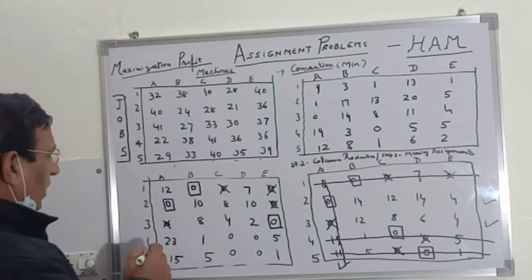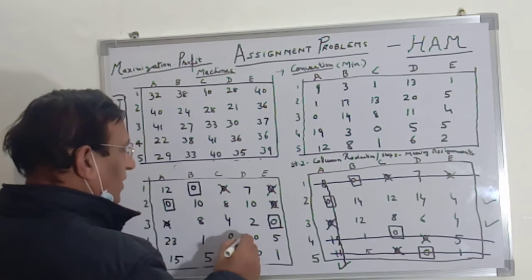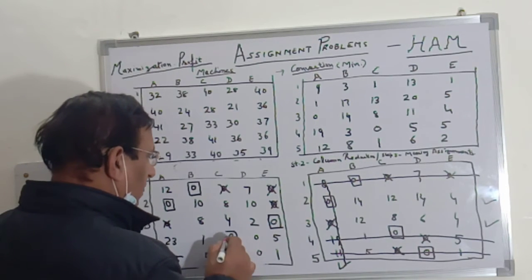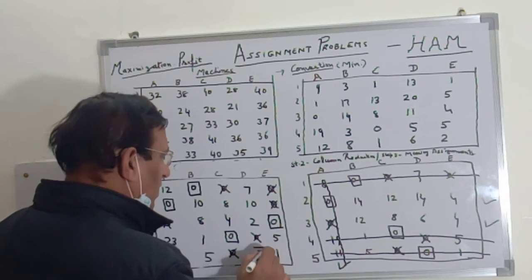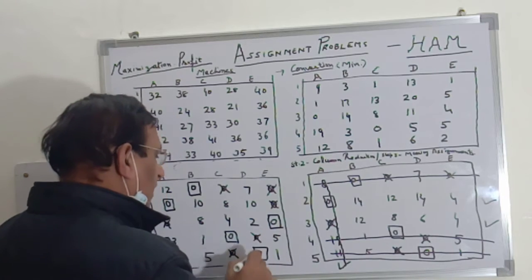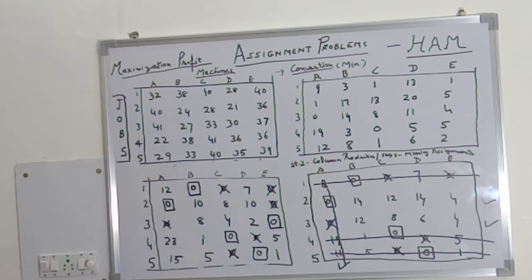So if we go row wise, either this or this, make it over here, cross and cross this, then only 1 0 is left, then crossing it. Now there are 5 assignments and we got the optimum solution.